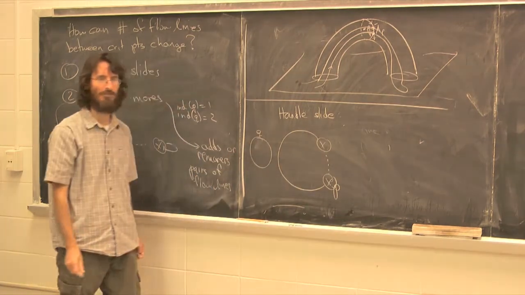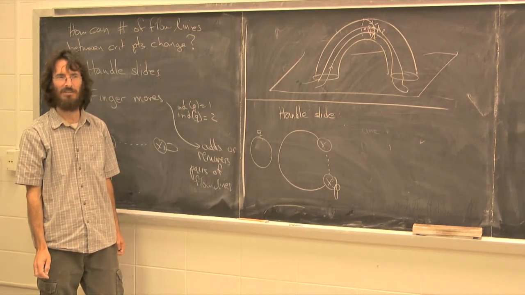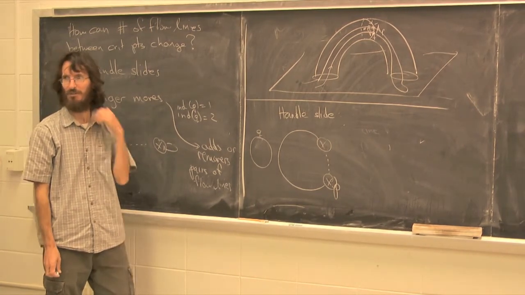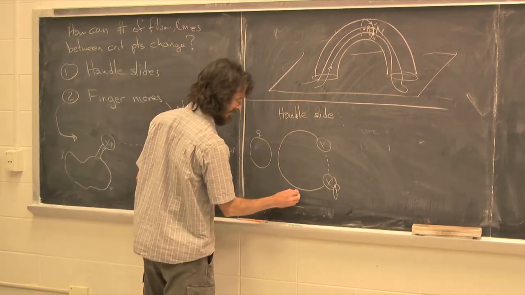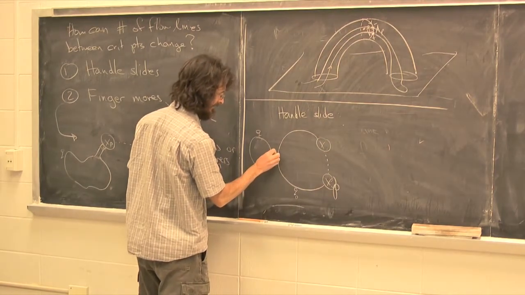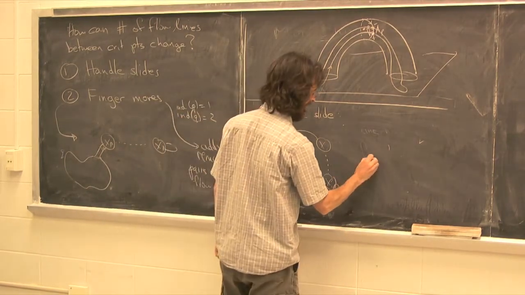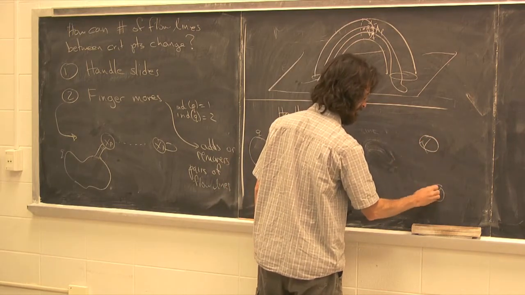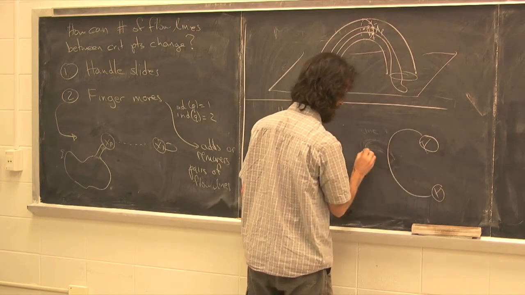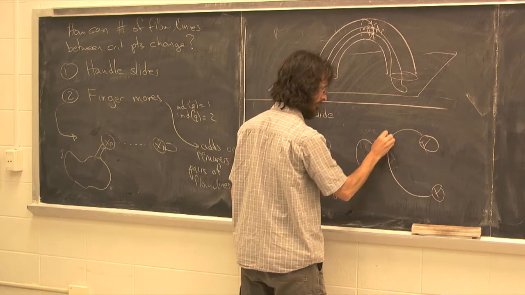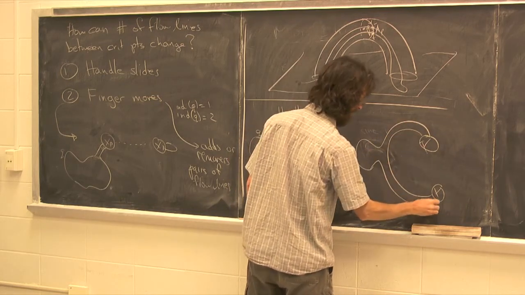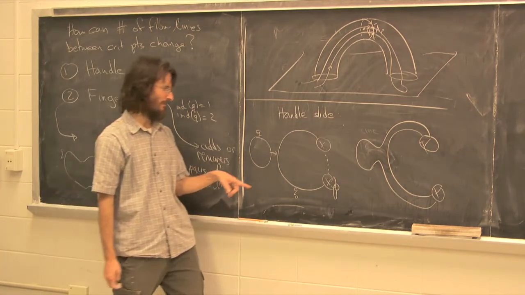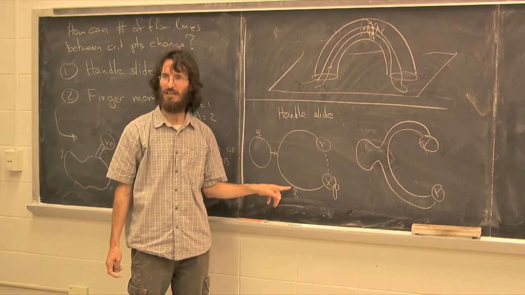At the moment, there are no flow lines from Q down to P, right? How could there possibly come to be flow lines from Q down to P? If I slide Q over whatever this was, Q0 or something, then suddenly it gets a flow line. So where did it get its flow line from? It got its flow line from the flow line that Q0 had.